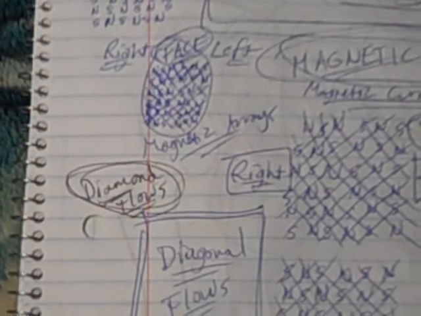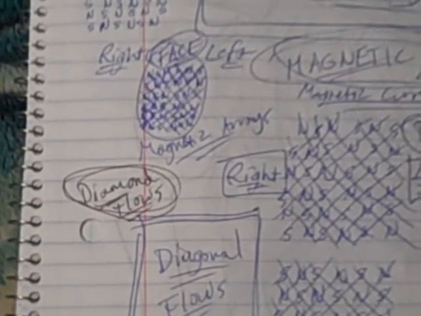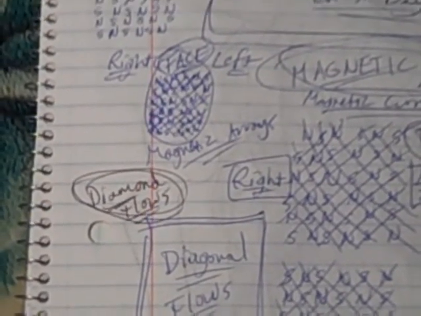Now, right here is a face, right and left, and this just is to show that if you're going to map magnetism on the human face, you're going to have diagonal flows, left and right, horizontal and vertical double helixes, as well as these diamond patterns.